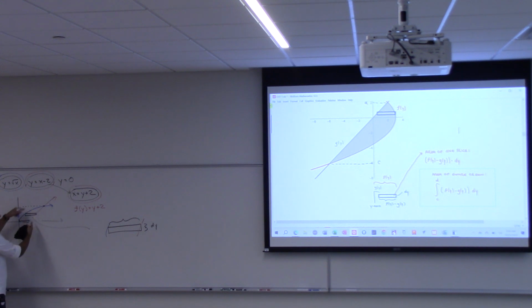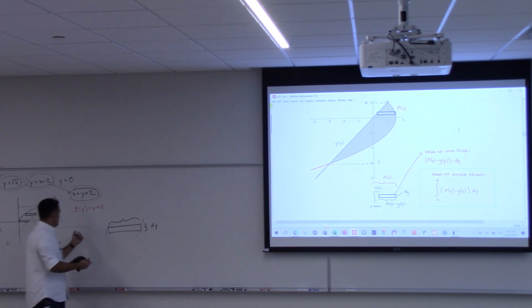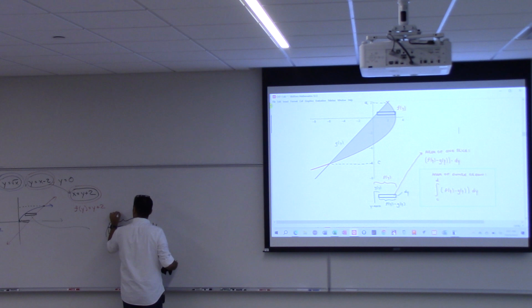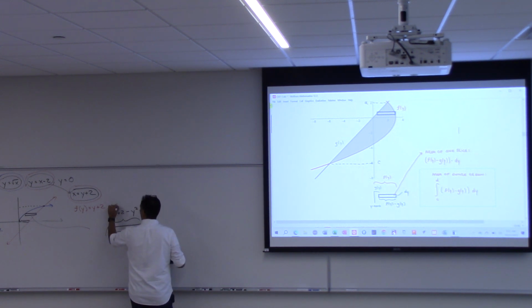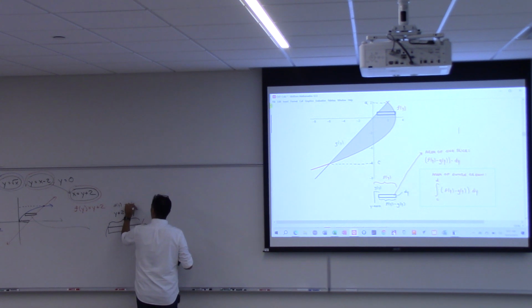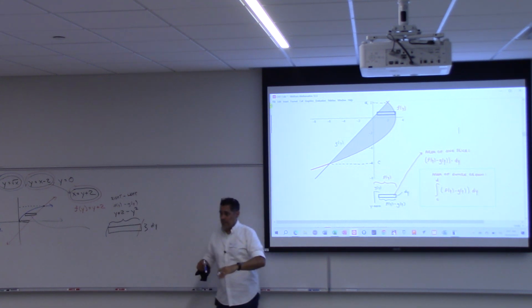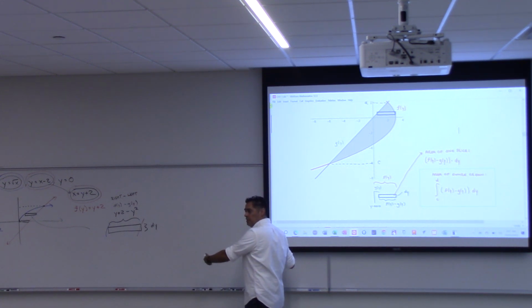So right minus left. So I'll put y plus 2, but then take away what? g of y, which is y squared. So what we're doing here is f of y minus g of y, or if you want, you could say it's the right end minus the left end. So instead of top minus bottom, it's right minus left.